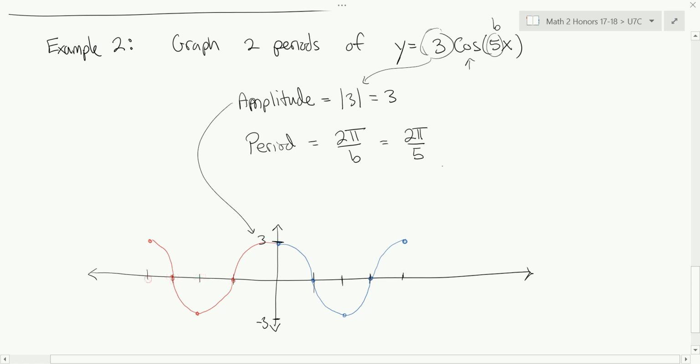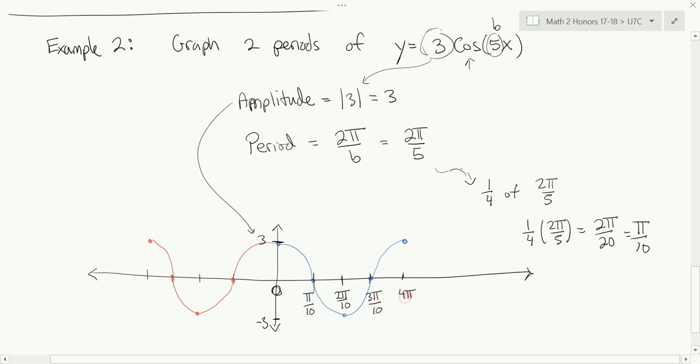And so what we do is we take the period and find 1/4 of the period by multiplying 1/4 times 2 pi over 5, and we end up with 2 pi over 20, which is pi over 10. And so we get to count by pi over 10. So 0 is on the x-axis at the y-intercept, and then 1 pi over 10, 2 pi over 10, 3 pi over 10, 4 pi over 10.